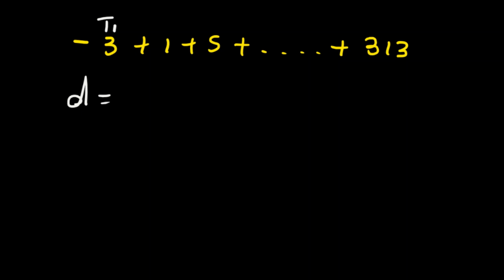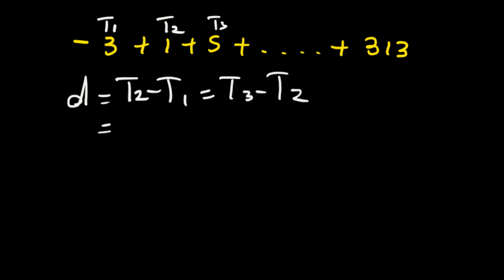So let's say this is T1, this is T2, and this is T3. To find the common difference, you say T2 minus T1 equals T3 minus T2. Term number 2 is 1 minus term number 1, which is minus 3, right? Put it in brackets. And then term number 3 is 5 minus term number 2, which is 1.